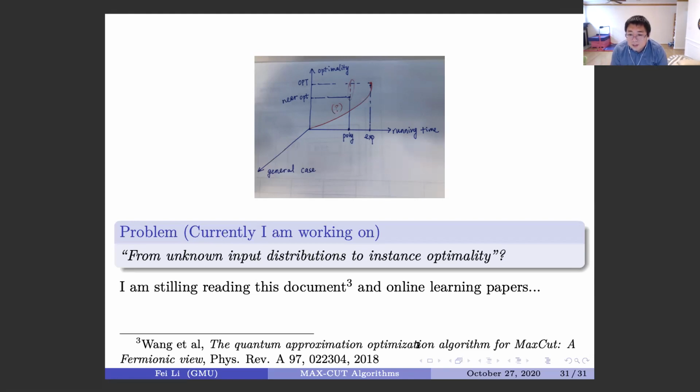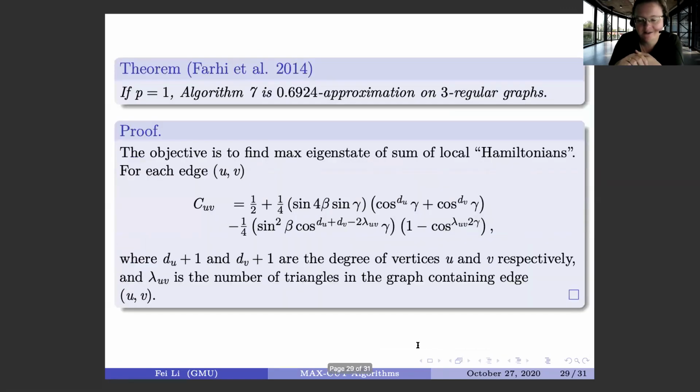I don't know exactly what it is. I'm still reading that paper and looking for some background knowledge to deepen my understanding about it. So I guess, Michael, the question is whether you can shed some insight on what fermionic view could mean in this context.